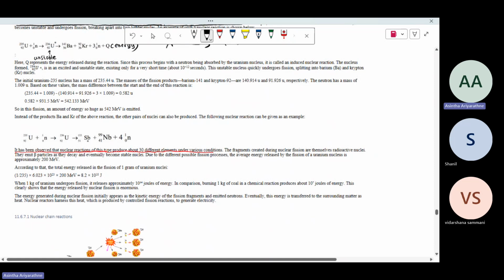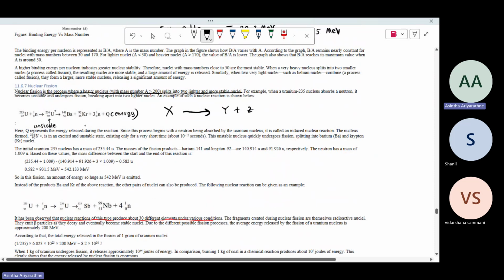So now consider the first equation. Initially there are uranium nuclei, with atomic number 92 and mass number 235, and one highly accelerated neutron is directed onto this uranium nucleus, forming an unstable atom.